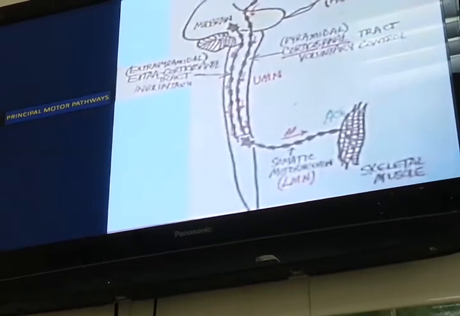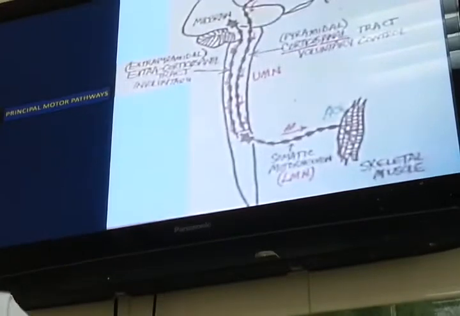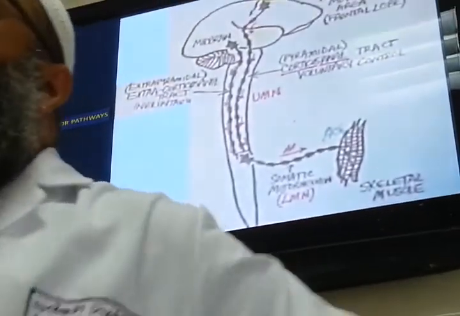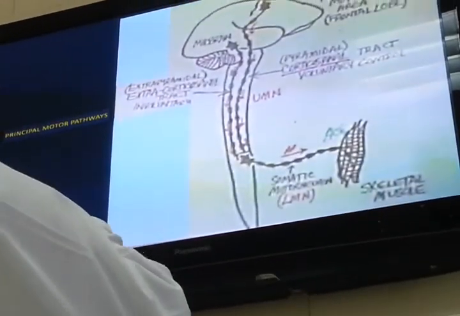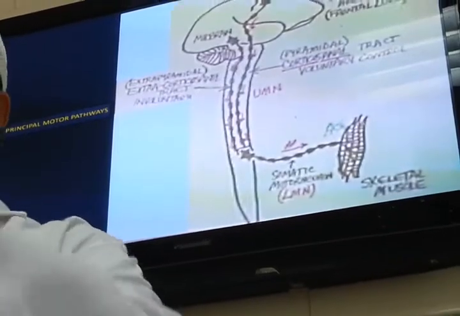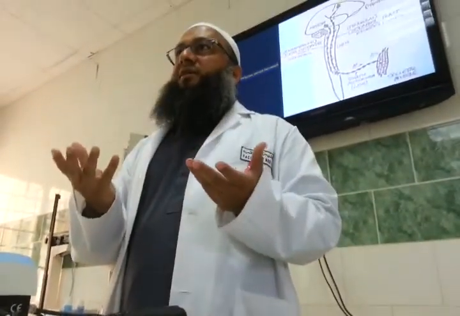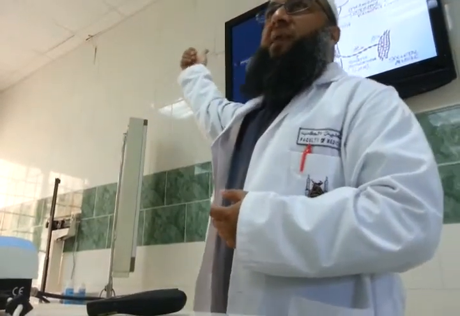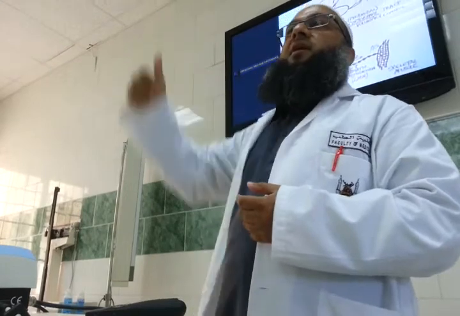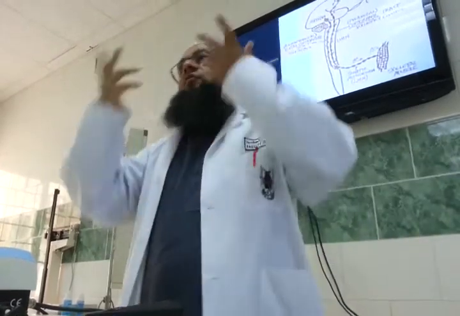For example, you are sitting and you are not aware of your back muscle always being in a contracted form to make you sit. Who controls this? The extrapyramidal tract. The neurons of the extrapyramidal tract control the muscle involuntarily. You are not aware of it.